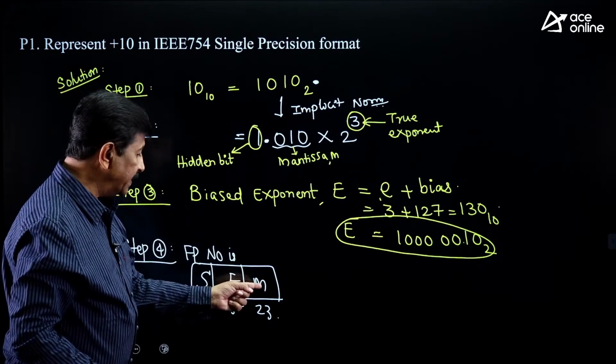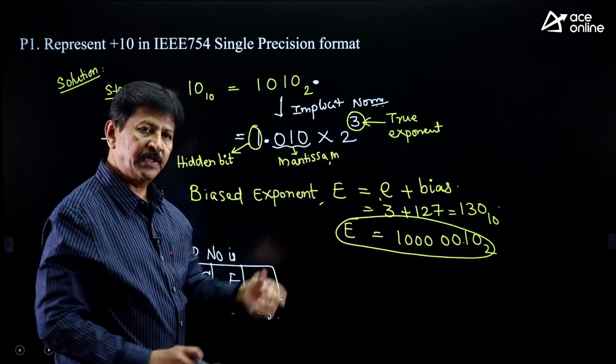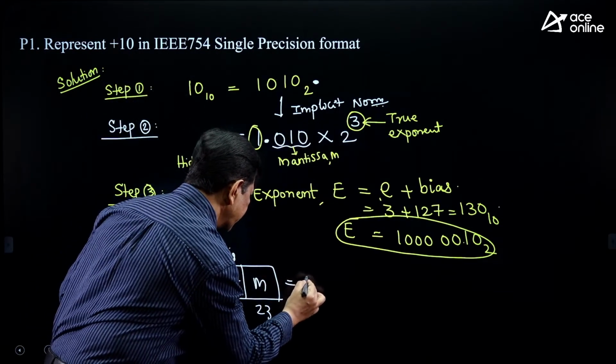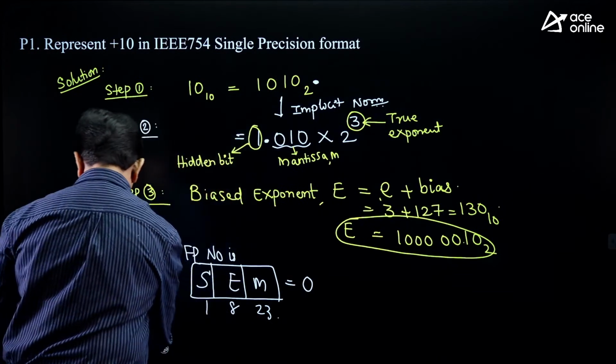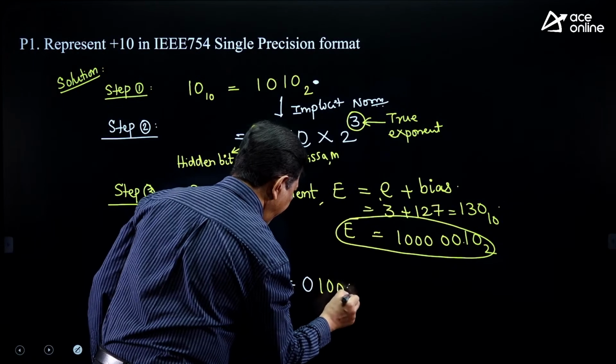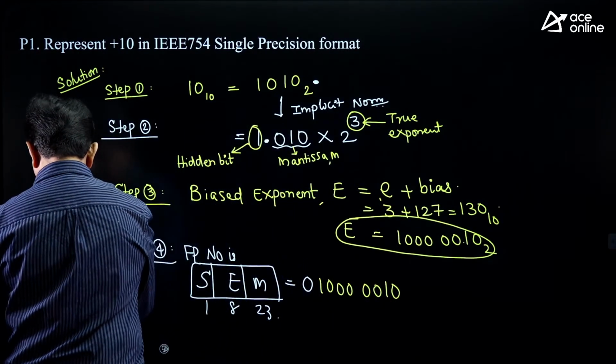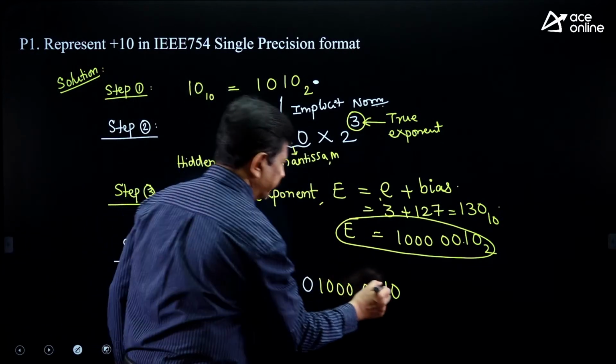Mantissa 23 bits, so this mantissa I should extend to 23 bits. So this is going to come in this fashion, and then this is the mantissa.